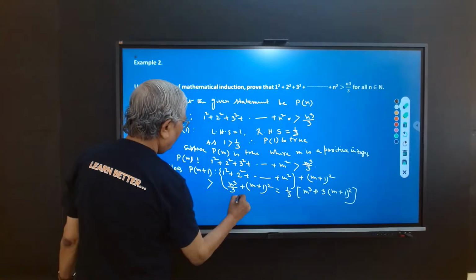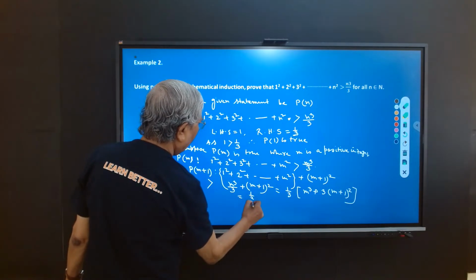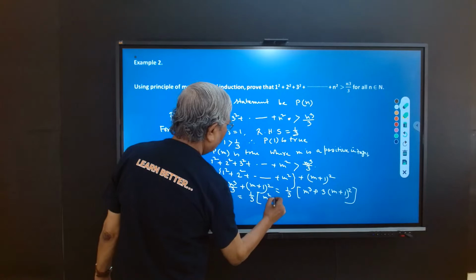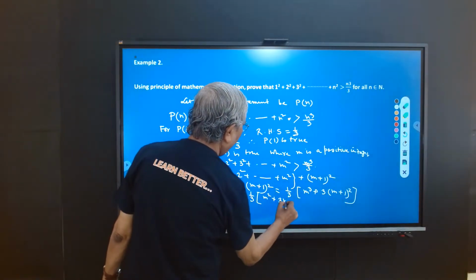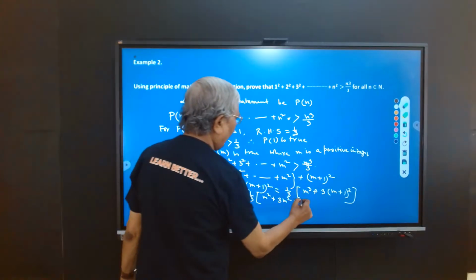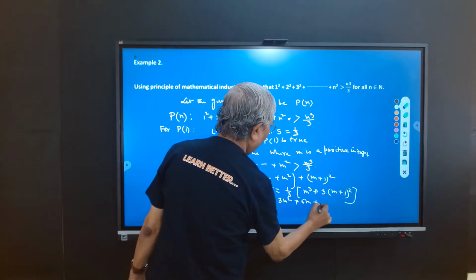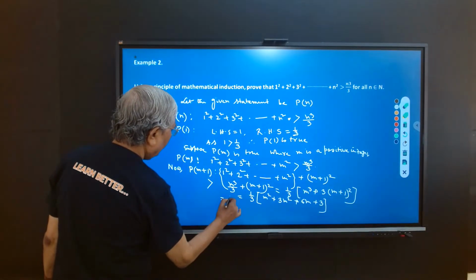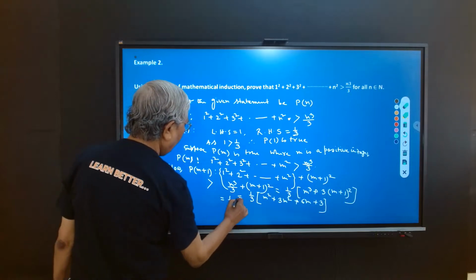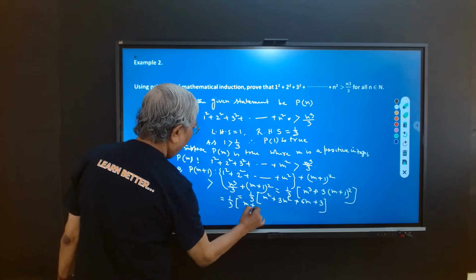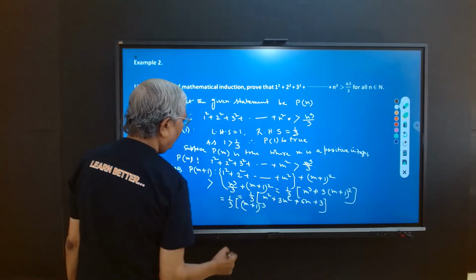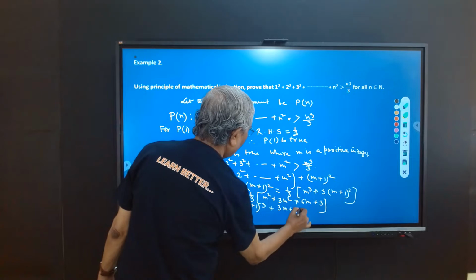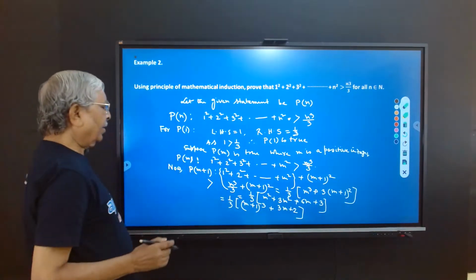This is equal to, simplify it, 1/3 into m cube plus 3 m square plus 6m, which is equal to 1/3 into m plus 1 whole cube plus 3m plus 2. So what do you get?